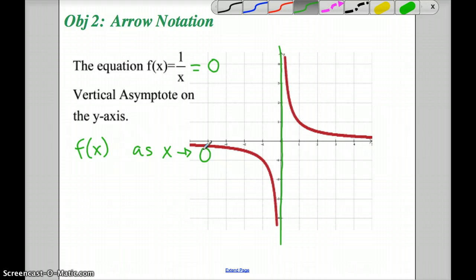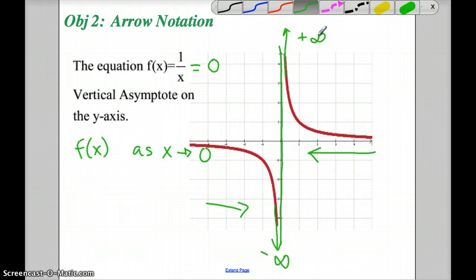The problem is there are two things happening. Number one, f of x is going down to negative infinity as x approaches 0 from the left. But with x approaching 0 from the right, if we're coming from the positive end, we see that the function is shooting off to positive infinity.